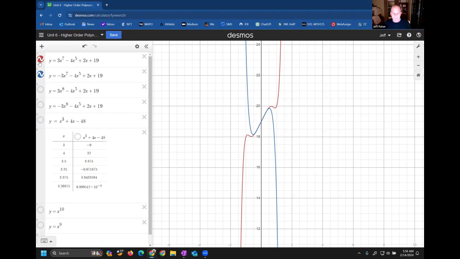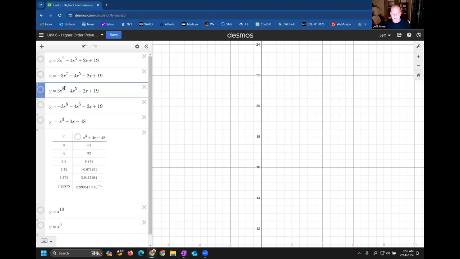Now, what happens if I turn these guys off and instead do it to the 8th power? Same coefficients. We have a power to the 5th here, a 2x and a 19. All we change here is making this go from a 7 to an 8.